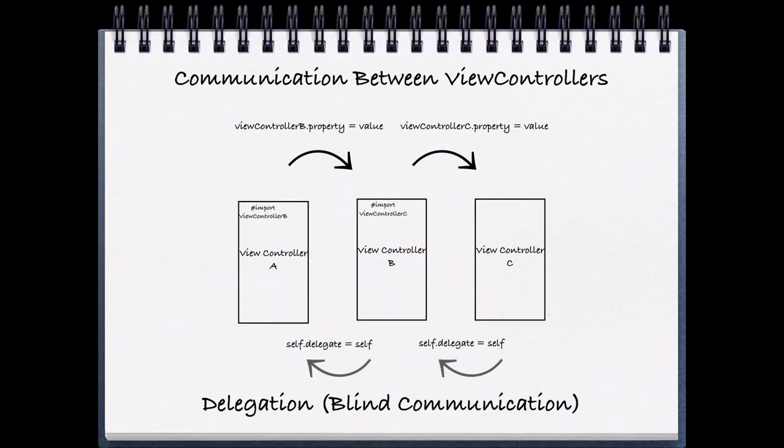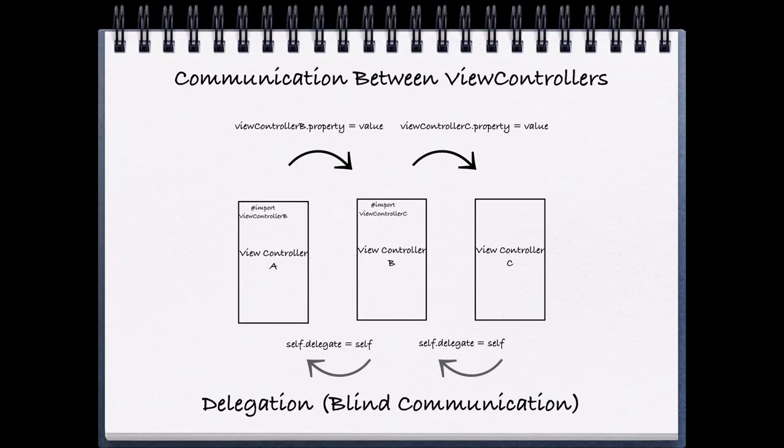So the way in which we pass information back to a previous view controller, for example, if I changed my image in some way and wanted to pass that information back, I couldn't create a property of view controller B if I was coming from C, or A if I was coming from B, because I don't want to create a new instance of view controller A. I want to use the current instance of view controller A that's below view controller B, so I just want to pass information back to that view controller that's still being held in memory.